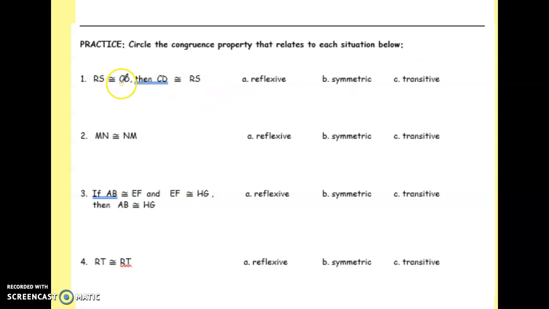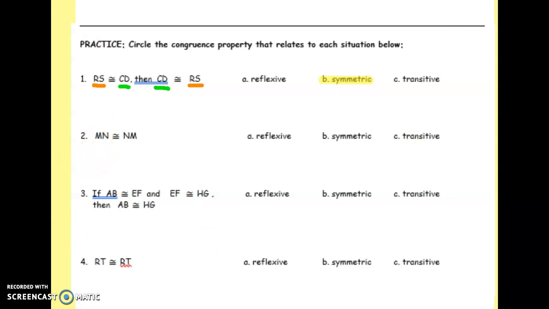All right, so let's take a look. RS is congruent to CD, so we know CD is congruent to RS. So if I take a look at it, I am flipping my entire segment. I'm kind of saying RS is equal or congruent to CD. And then if I look at it here, CD is listed first, then goes over to RS. So I'm switching my whole statement, which would be symmetric.